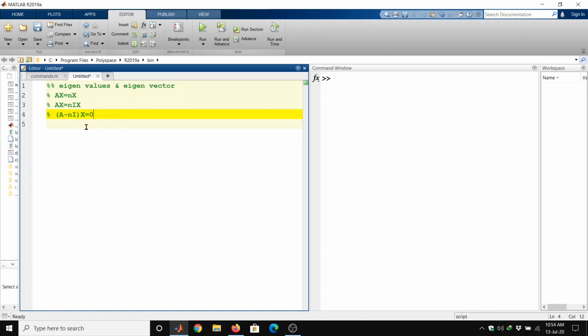Here X is a non-zero vector and I is the identity matrix.